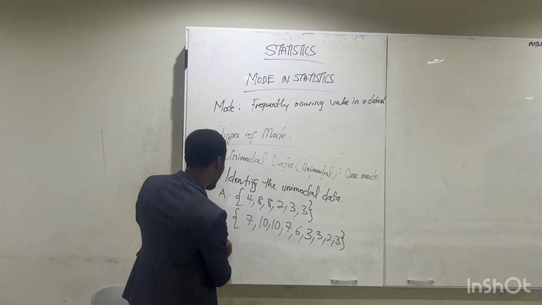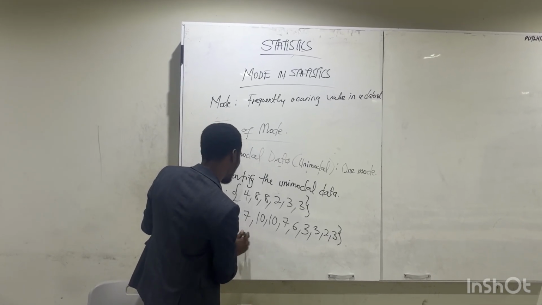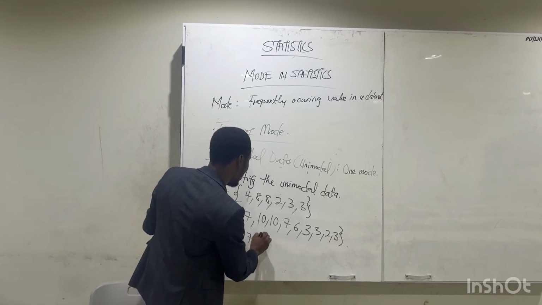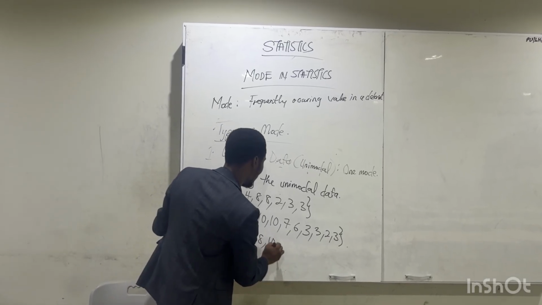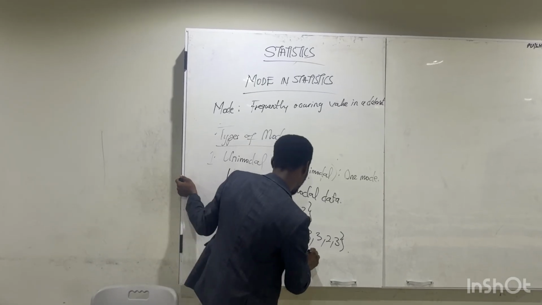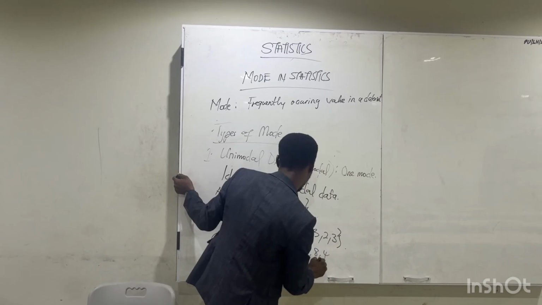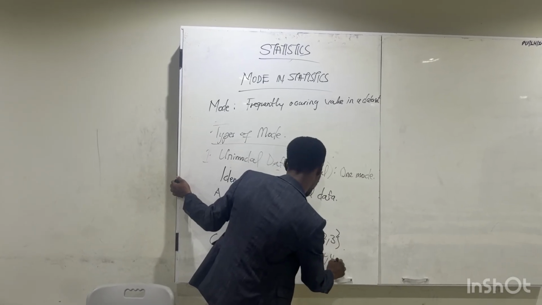Then we can have C. We can have 7, 17, 8, 10, 10, 10, 8, 8, 4, 4, 4.